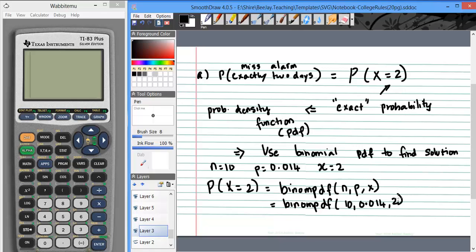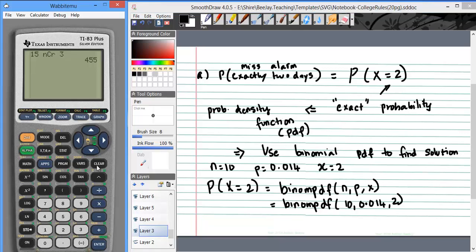I'm writing it out in the exact syntax of a TI calculator. Now, on the calculator, if we press second VARS, that'll give me a set of distributions of user-defined functions. So if I scroll down, I would find Binomial PDF in option 0. So I press that and enter the parameters in the same order.